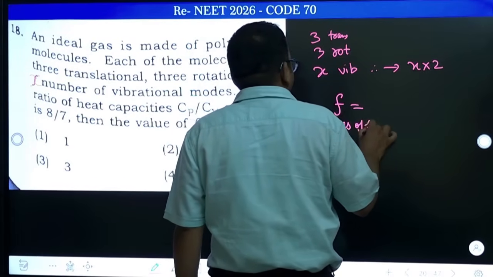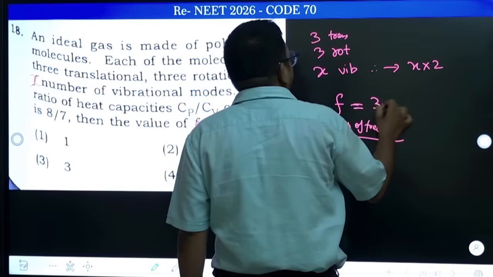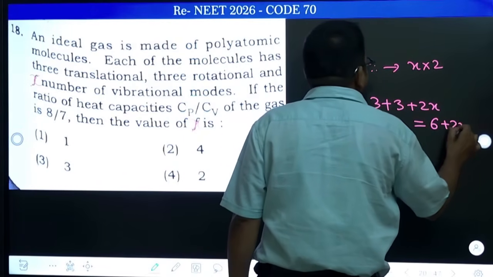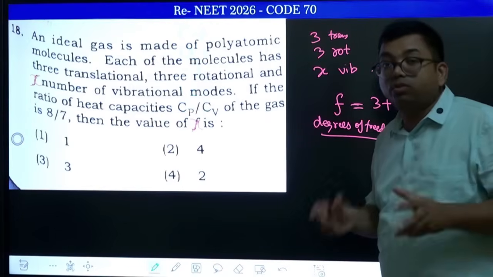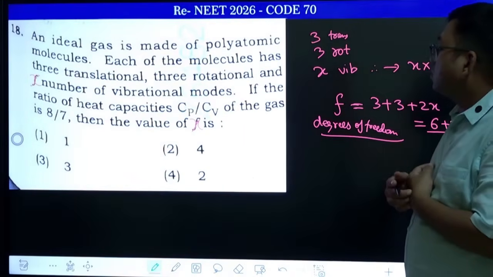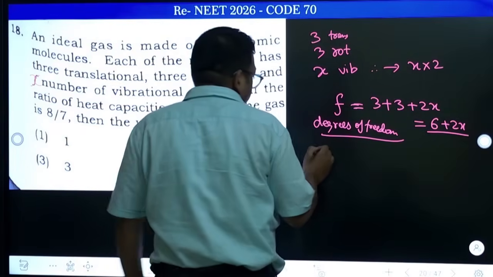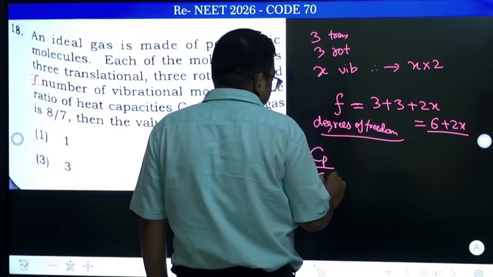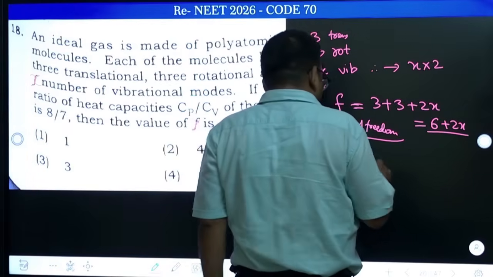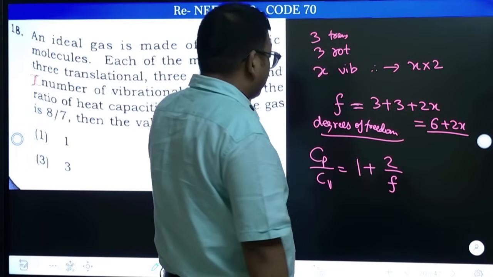Degrees of freedom. Each molecule degrees of freedom will be 3 plus 3 plus 2x, okay, 6 plus 2x, because each vibration is associated with 2 degrees of freedom. If the ratio of heat capacity Cp by Cv is given, so what is Cp by Cv? Cp by Cv ratio gamma is 1 plus 2 by F. Can we use this formula to calculate this?